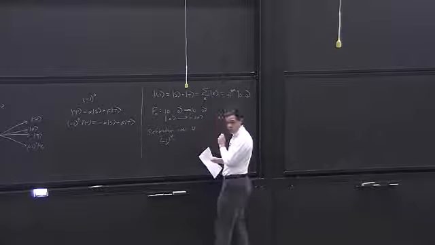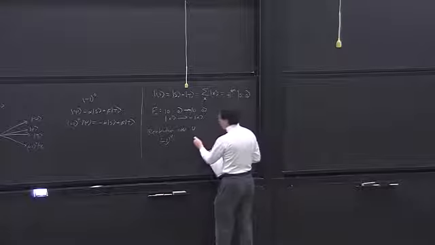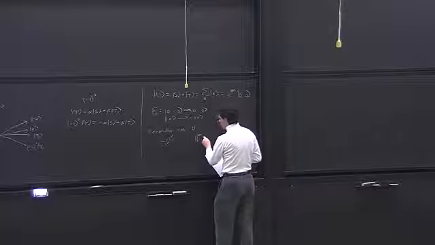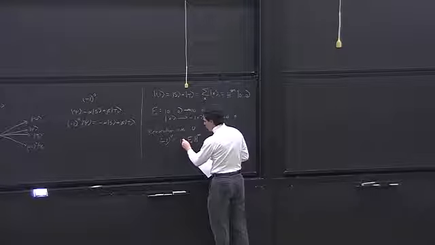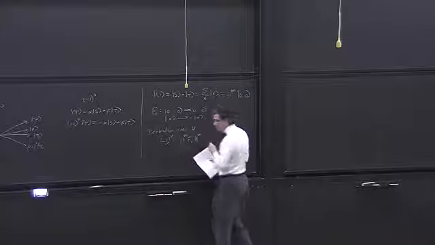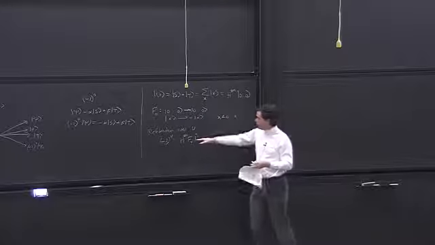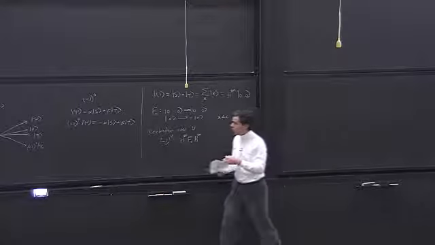Well, I'm going to rotate U back to all zeros, then do F0, reflection over all zeros, and then rotate back. OK? And so what this does is reflects over U.